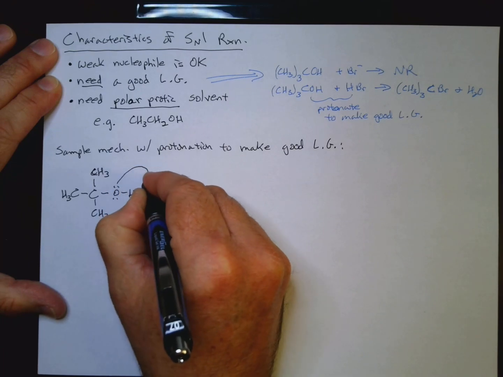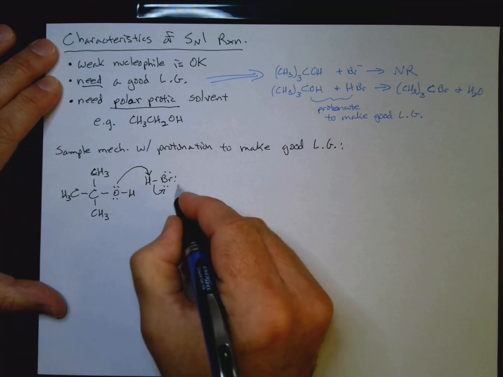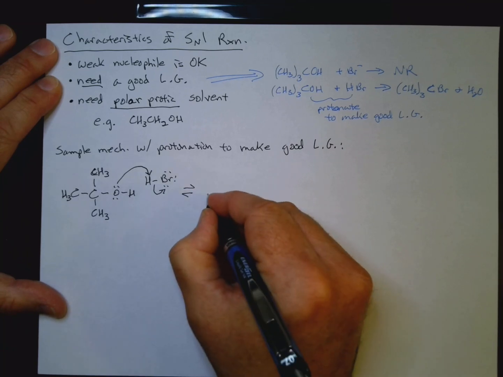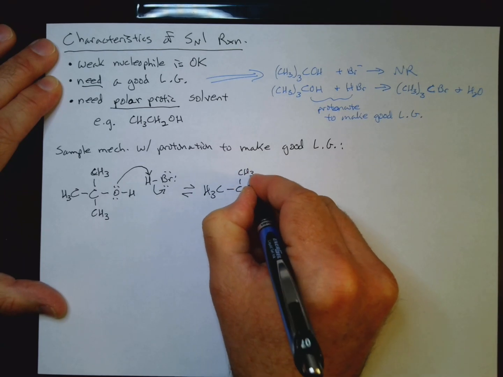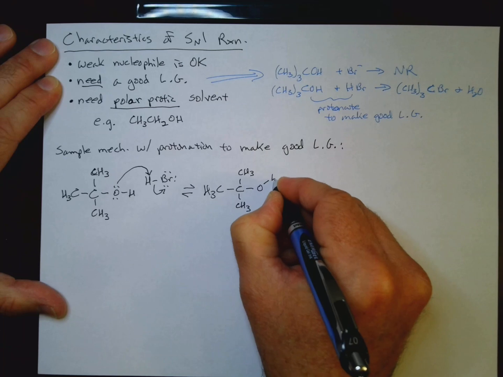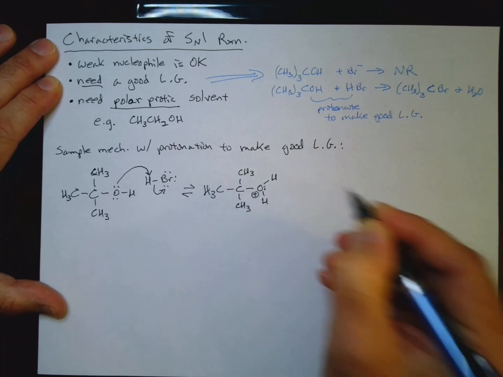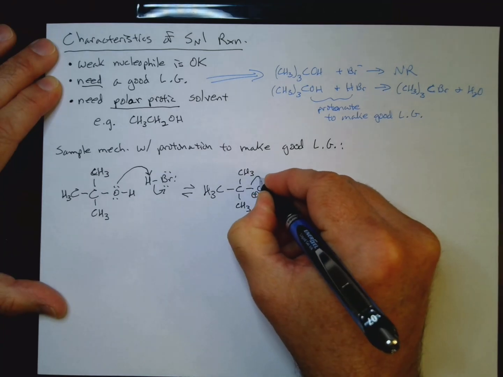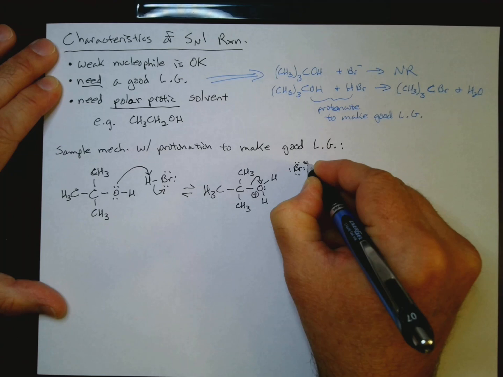And so the first thing I'll do is grab that proton using one of the lone pairs from the oxygen. And I've got Br minus floating around here too, don't want to forget that.